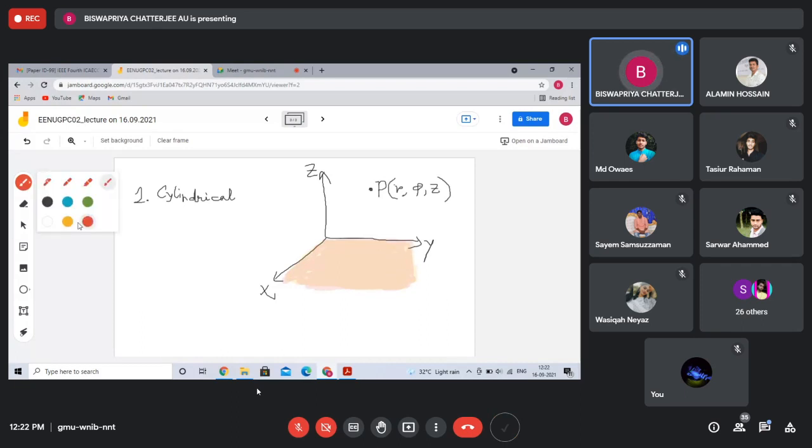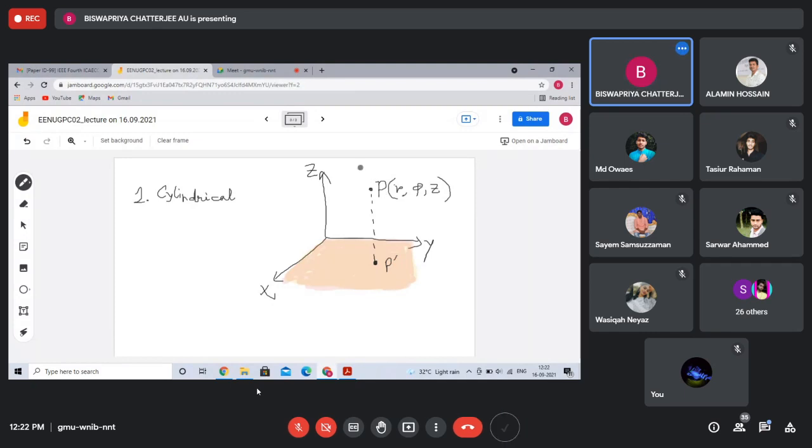You take an image of that P, and let that point be P dash. So what is P dash? P dash is nothing but the image of P.